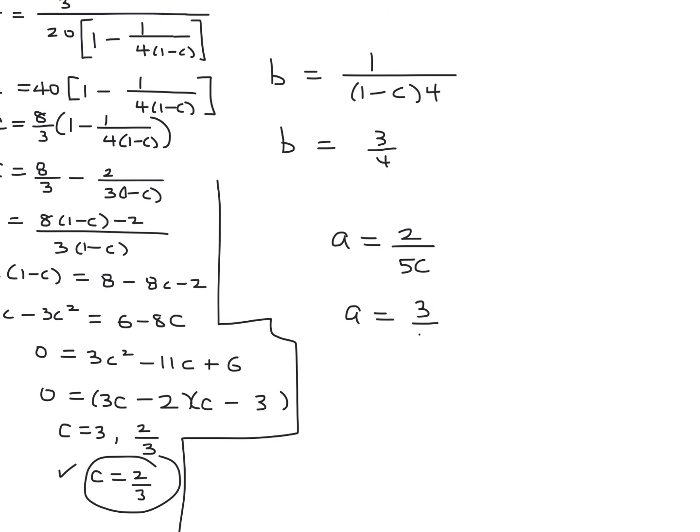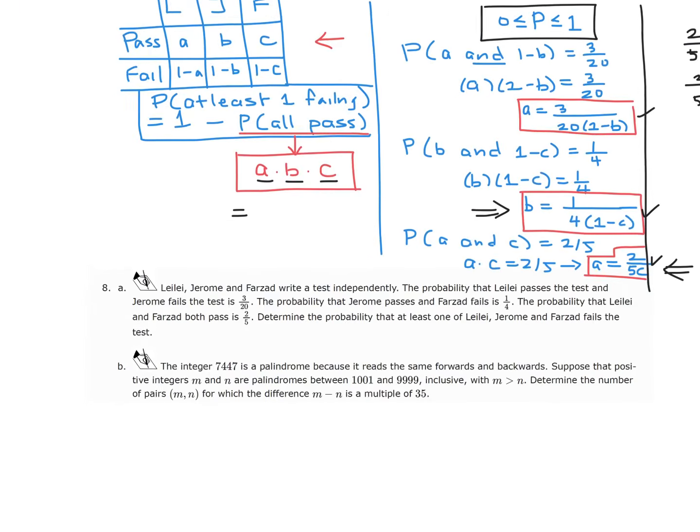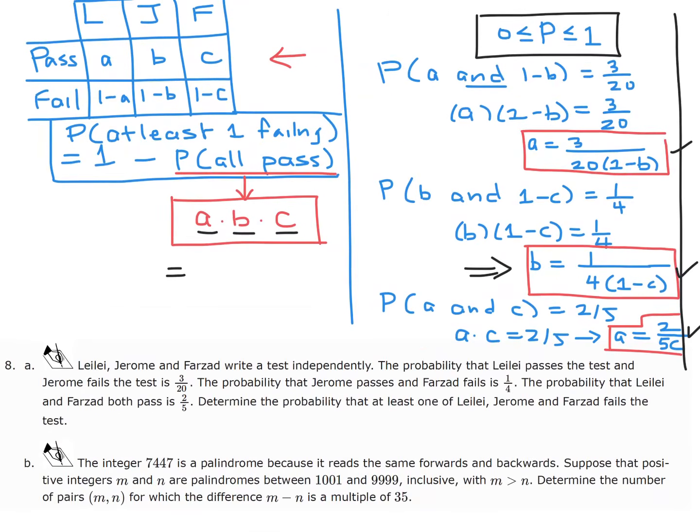So there we go, we got all the values, and then now we just have to go back and plug them in here, right here. So A is 3 over 5, B is 3 over 4, and C was 2 over 3.